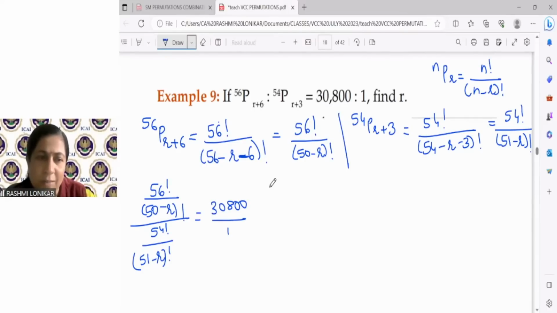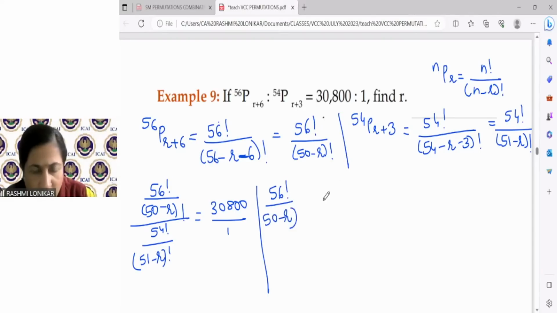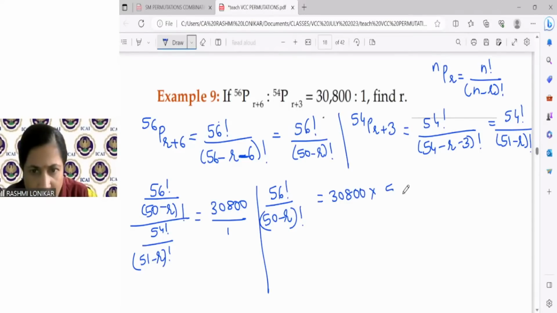Now I cross multiply because I don't want a fraction in the denominator also. So what do I get? This will become 56 factorial upon (50 minus r) factorial is equal to 3800 into 54 factorial upon (51 minus r) factorial.